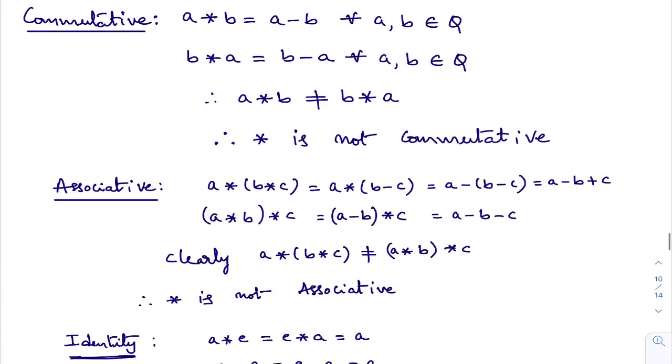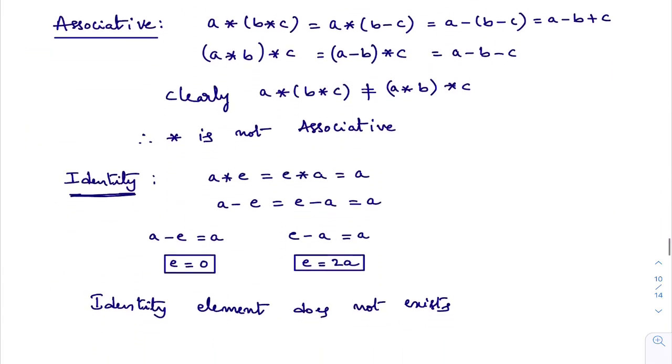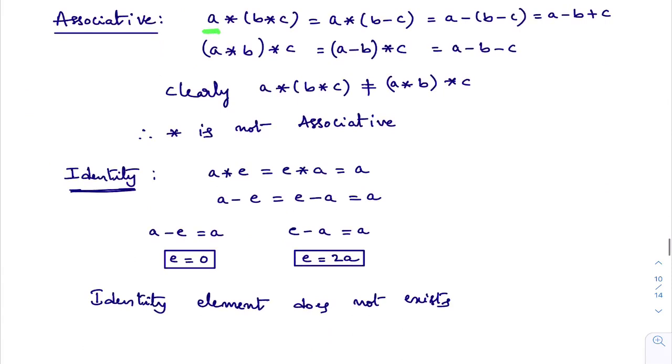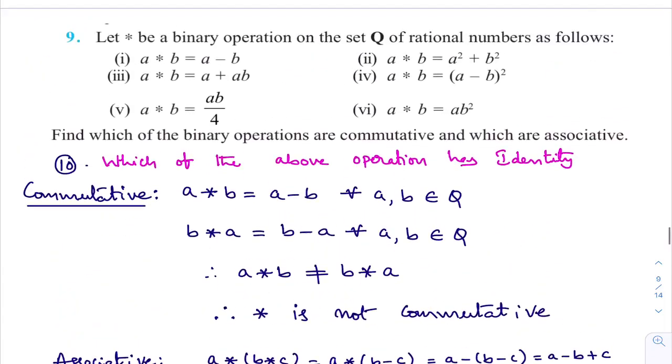Associative property. What is the associative property? (a star b) star c equal to a star (b star c). Then we say that star is associative. See, a star b is defined as a minus b. B star c is what? B star c is b minus c. Here in the question, the star operation is defined as a star b means a minus b, first element minus second element.